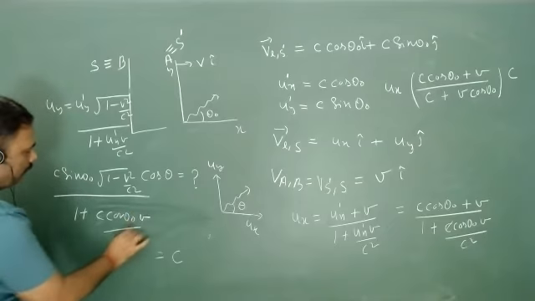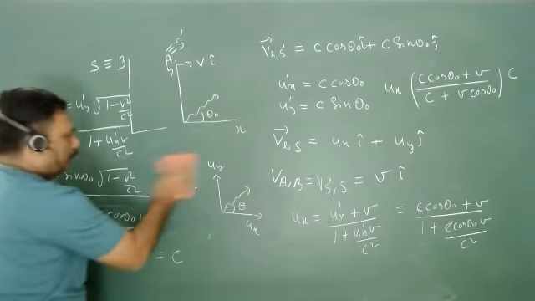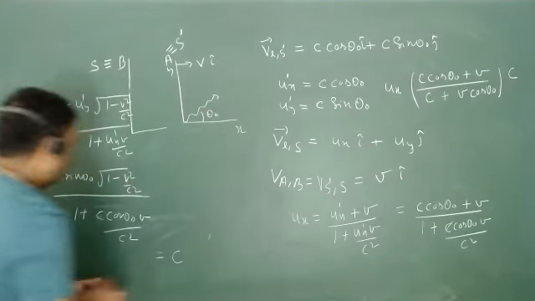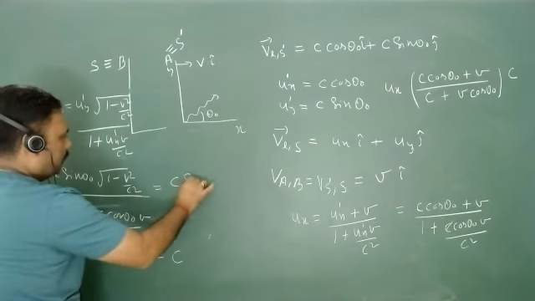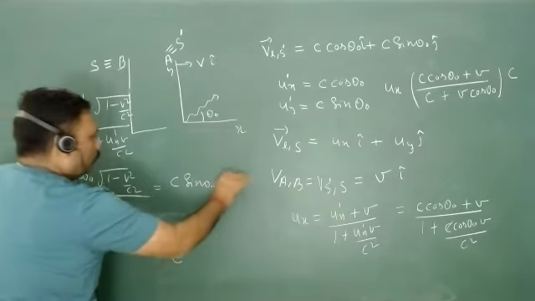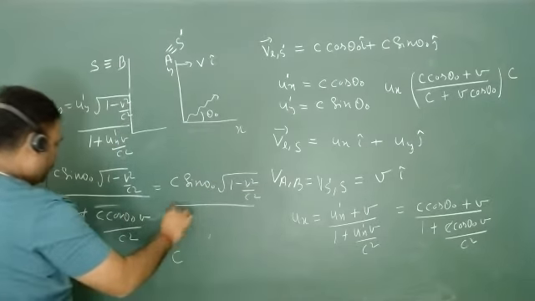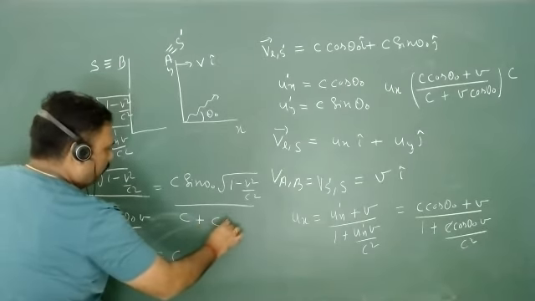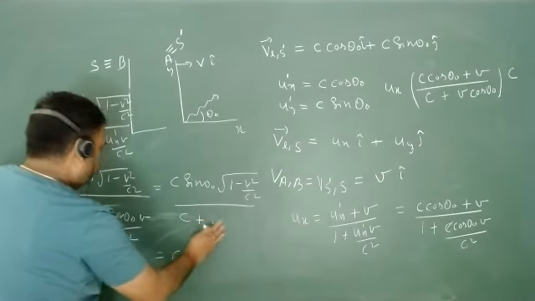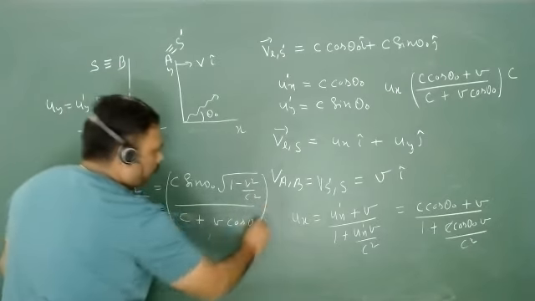This can be written as C sine theta naught root under 1 minus v square upon c square upon, as C will be cancelled, C plus v cos theta naught, into C.